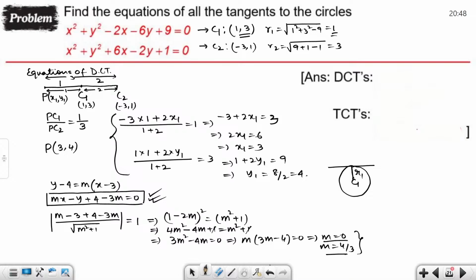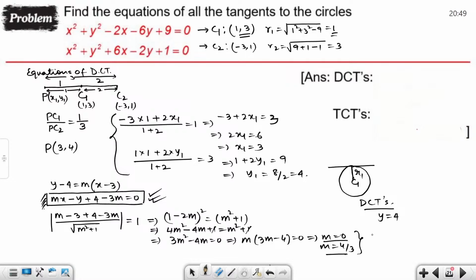Therefore, what are the equations of the DCTs? First, we are taking m as 0. So, we are getting y equals 4. When m is 0, we are getting from this equation y equals 4.